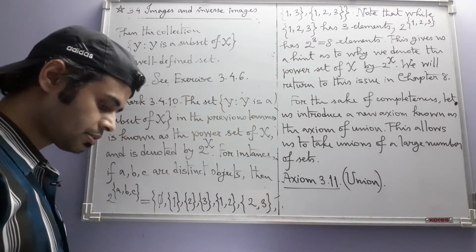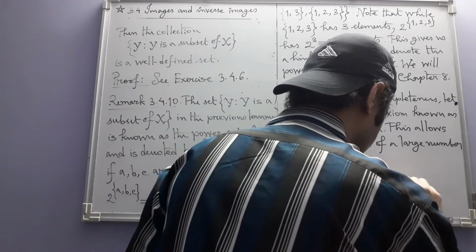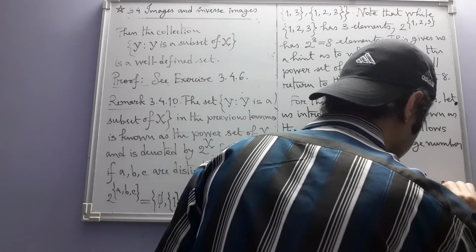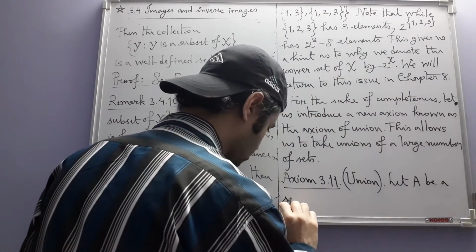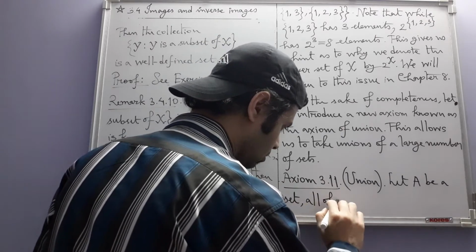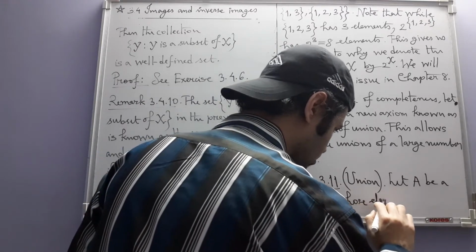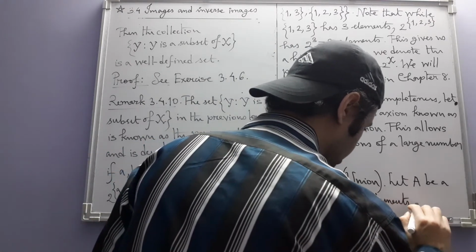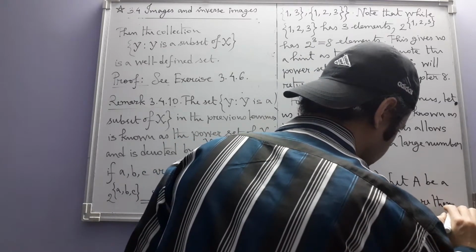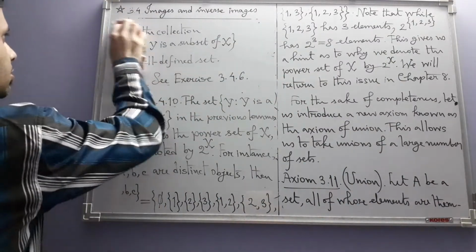Union, and this one says, let A be a set all of whose elements are themselves sets.